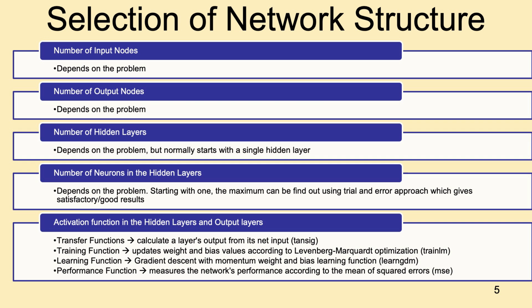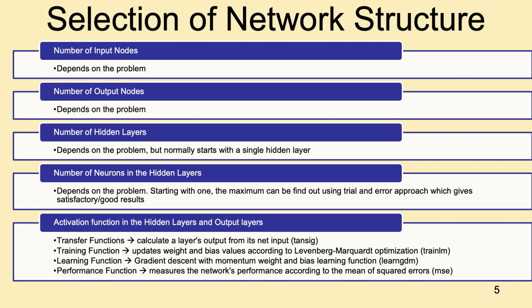So the number of input nodes, number of output nodes, number of hidden layers, and number of neurons in the hidden layers are over. Another major important thing is how to decide the activation function, because in the last class, what we have seen is that a node has two things: one is the summation part, another is the activation part, right?